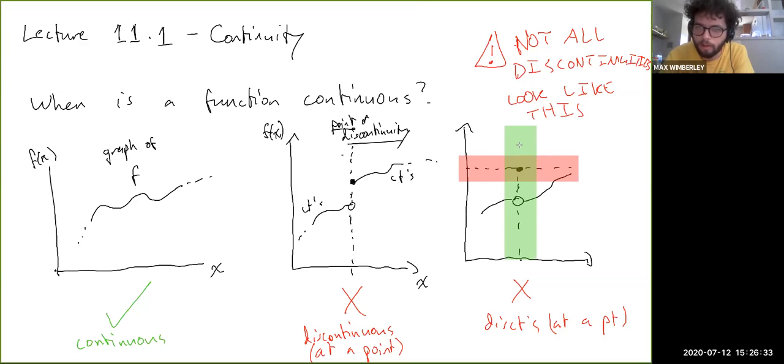No matter how thin the green rectangle gets, there are going to be pieces of the graph down here right next to this point, which are outside the place where these two rectangles overlap. So that's why this would be considered discontinuous.